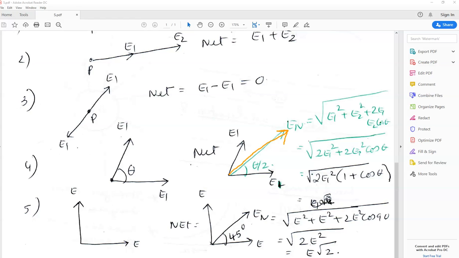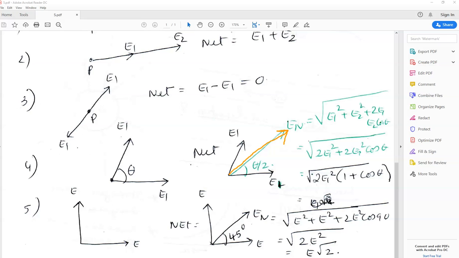You can apply the parallelogram to find the magnitude and the direction of the net vector. The magnitude is the square root of E1 squared plus E2 squared plus 2 E1 E2 cos theta. By applying this calculation, you can find the magnitude of the resultant vector.